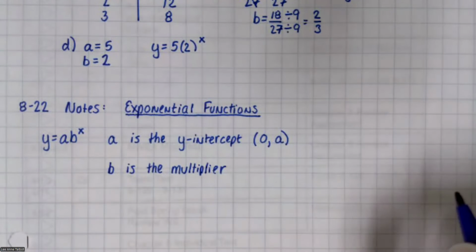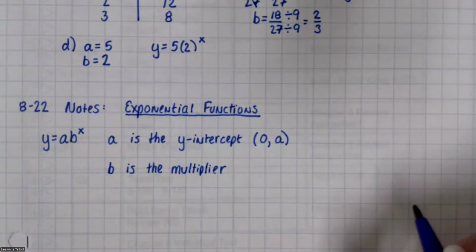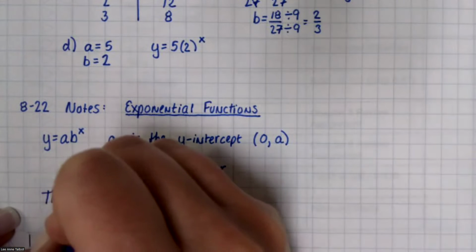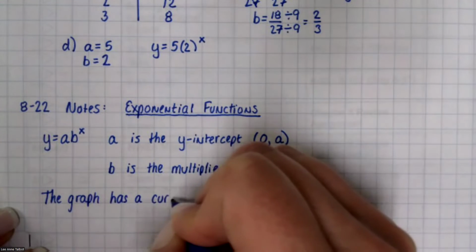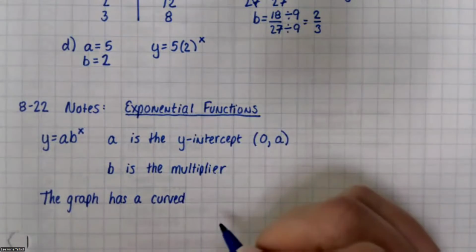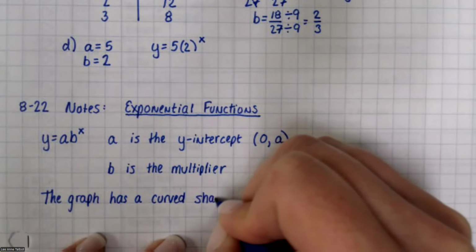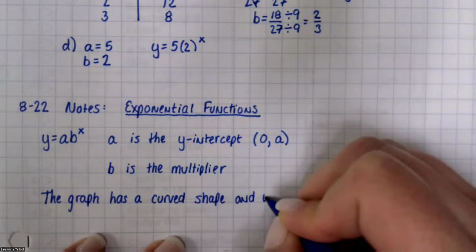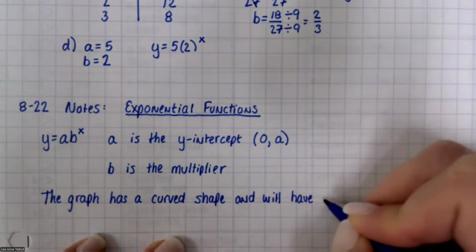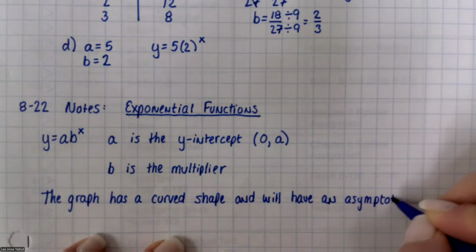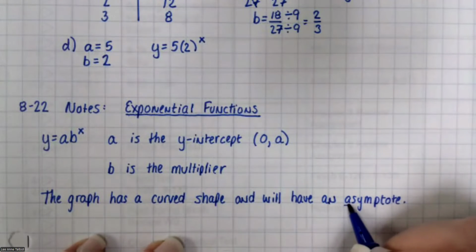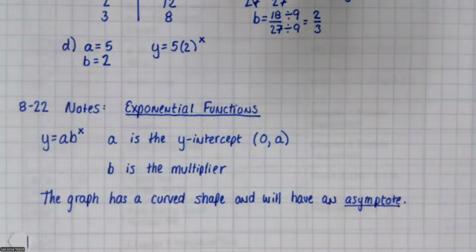And B is the multiplier. The graph of it is going to have a curved shape, and it will have an asymptote.